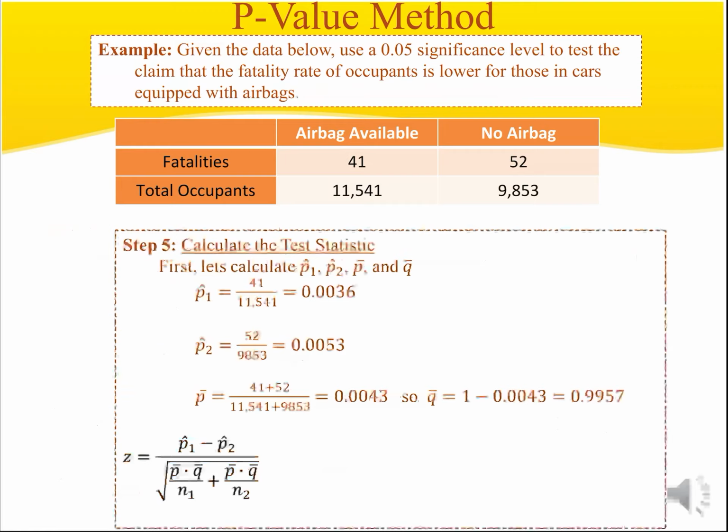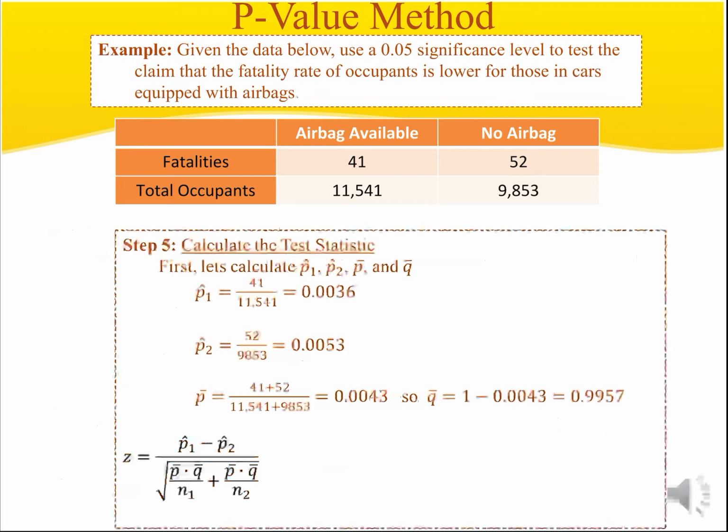Okay, let's find this test statistic. So here's p1 hat and p2 hat, and then the pooled proportion. So p1 hat is 41 out of 11,541, so 0.0036. And p2 hat is the sample proportion for no airbags, 52 out of 9,853, 0.0053.